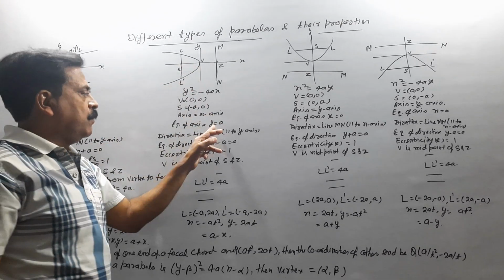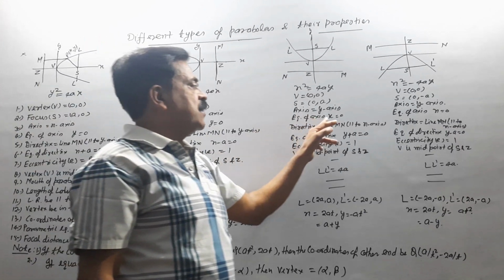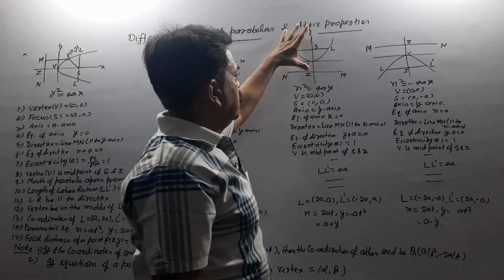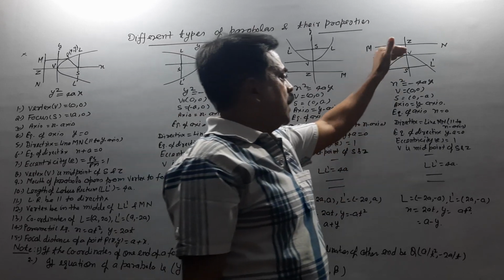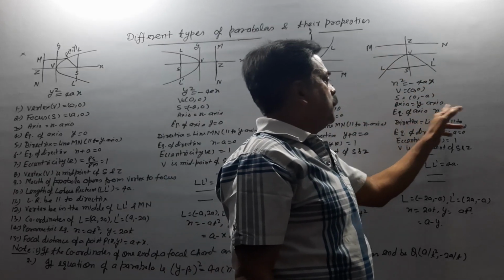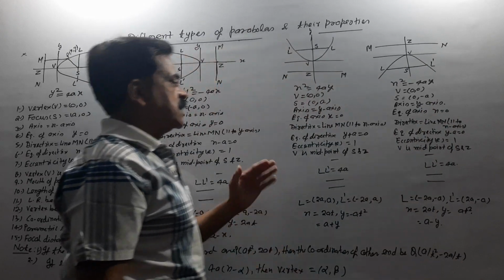In this case too, y equals 0. In this case the axis is the y-axis, so the equation is x equals 0. And in this case the axis is the y-axis, so the equation of the axis is x equals 0.